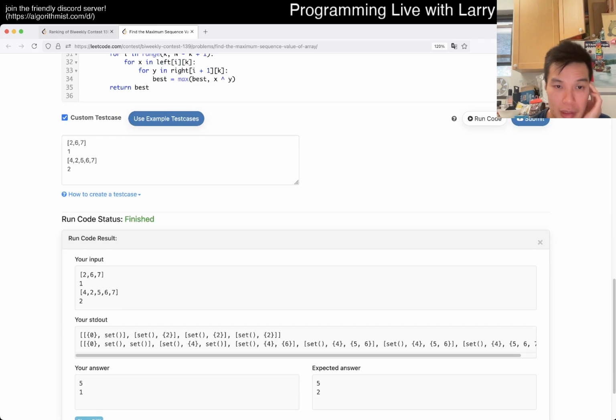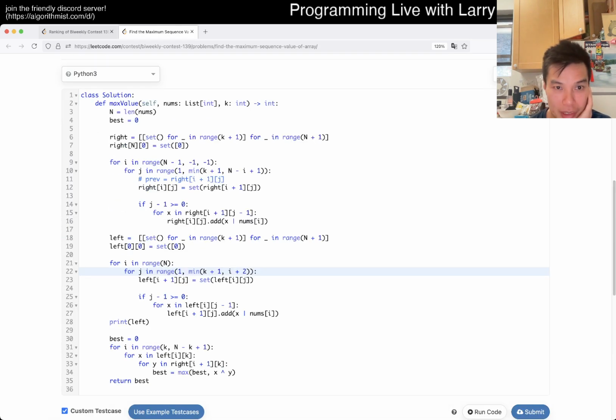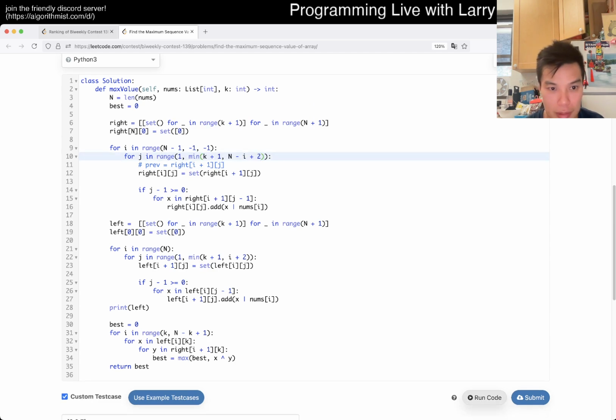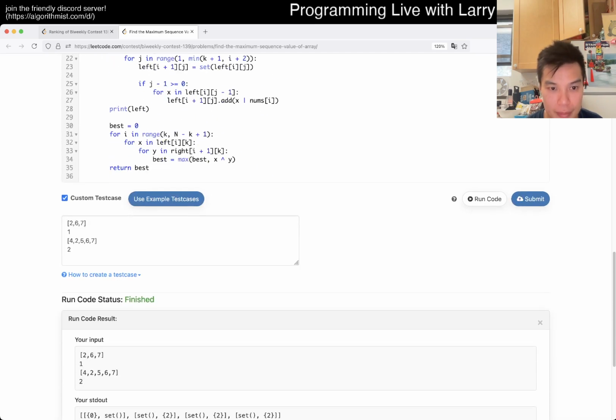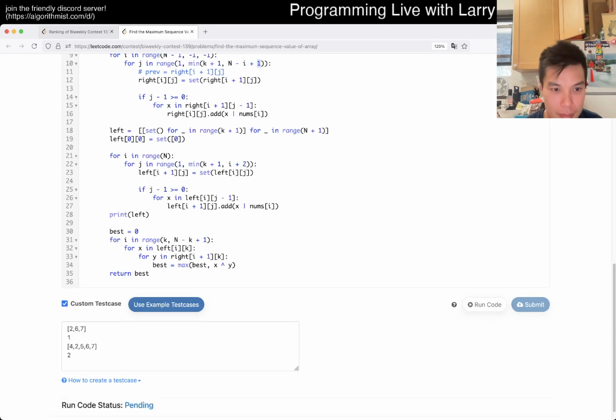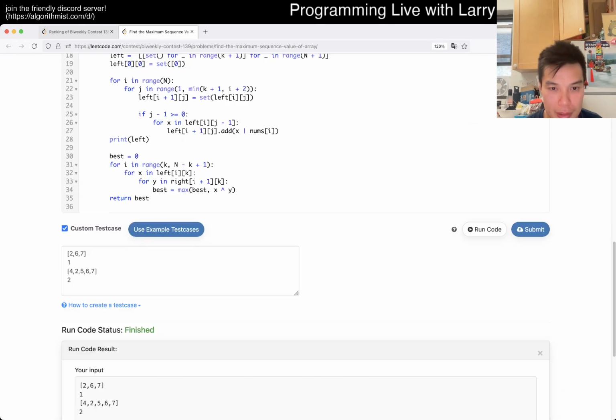Okay, yeah, that sounds right. I wonder if this is right, honestly. Because if i is n minus 1, I think this may need to be 2.